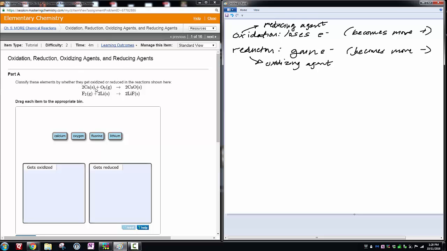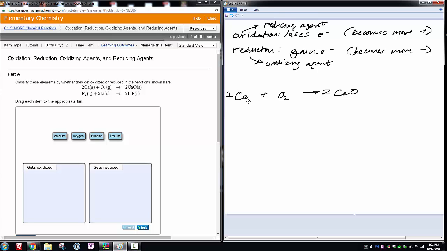So what we're going to look at here is the first reaction, calcium plus oxygen makes 2 CaO. And we could balance it. The balancing actually doesn't change our analysis of what's going on here.